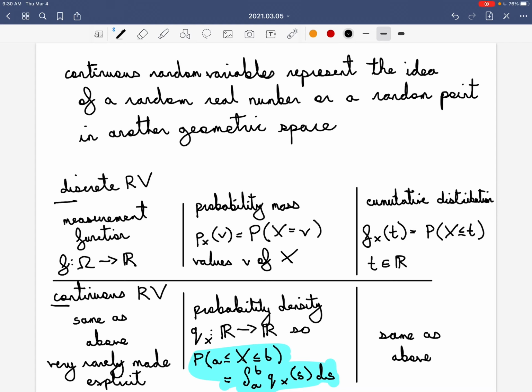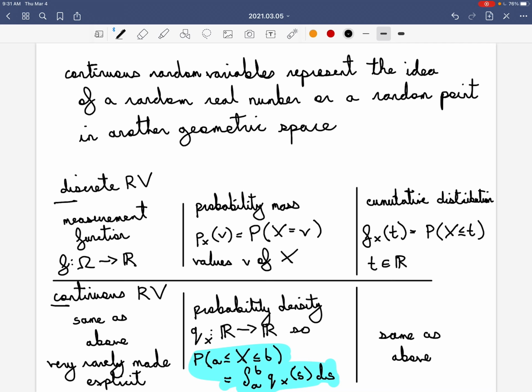If you remember, discrete random variables could be described with measurement functions, which are the most concrete way but the hardest to work with. Measurement functions involve explicitly specifying a real number for every element of the sample space.